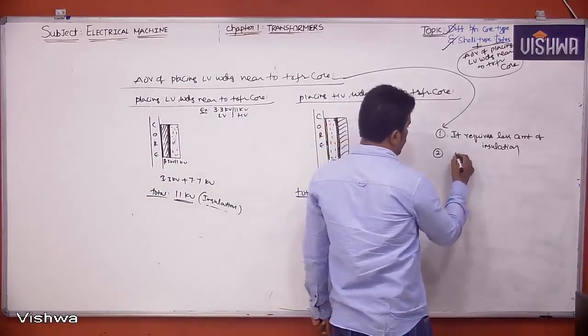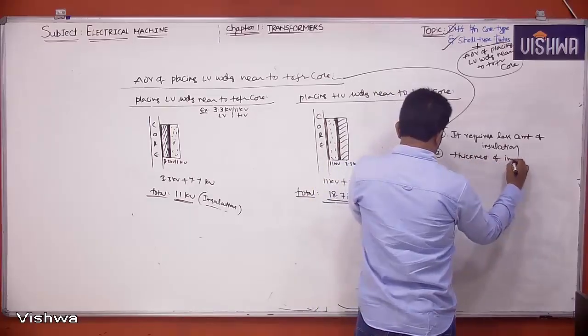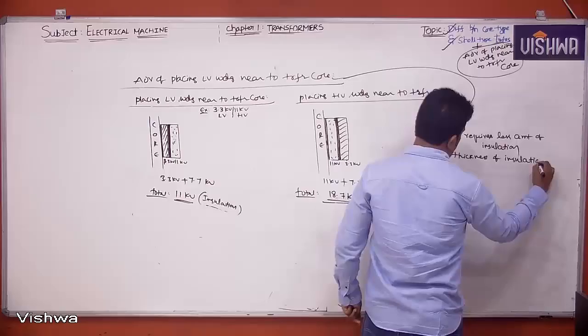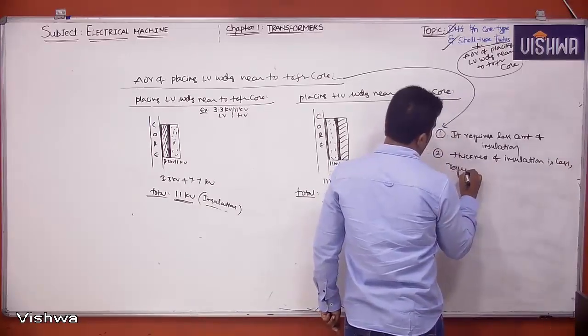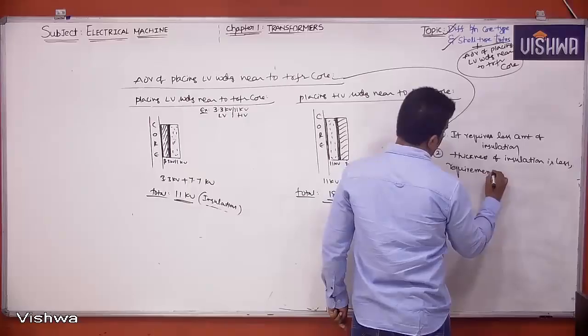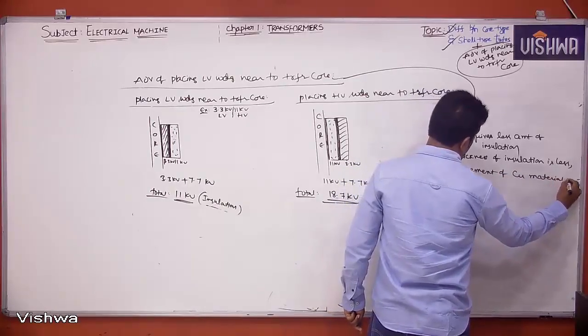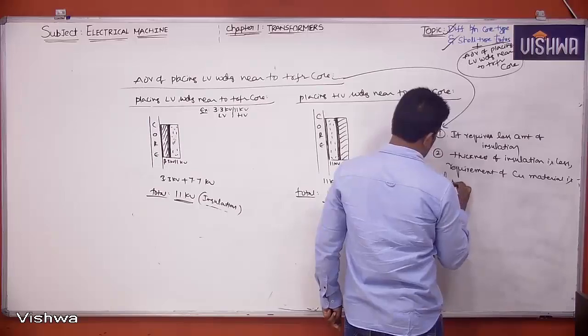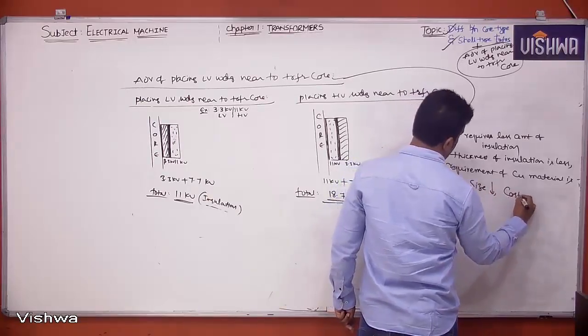Let me write here: thickness of insulation is less, requirement of copper material is less, size reduces, cost reduces.